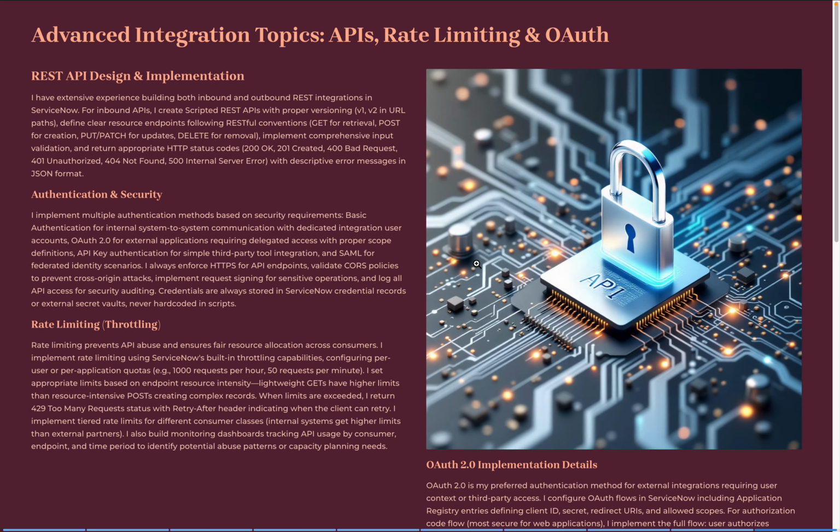If the API is hit with more than 1,000 requests in an hour, it has to return an error 429, too many requests, and retry. I had done this around 2 to 3 years back, so I explained that to them.